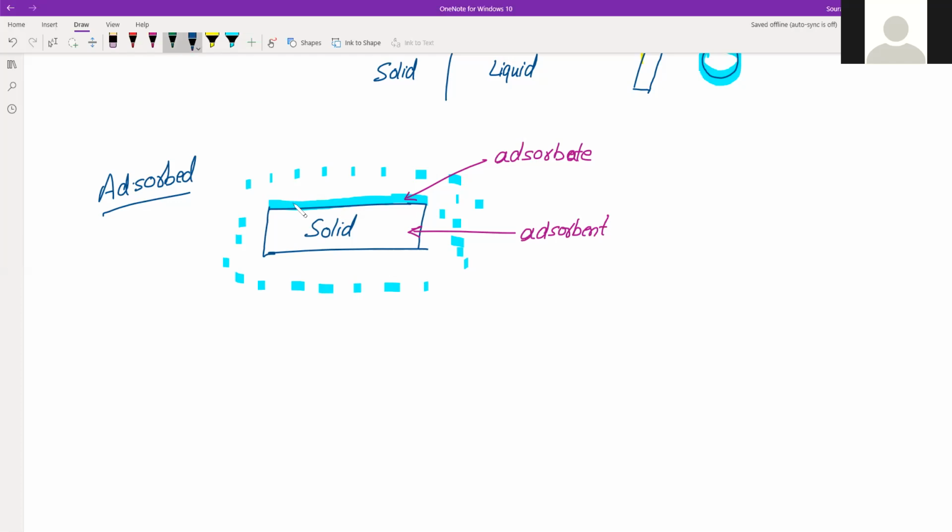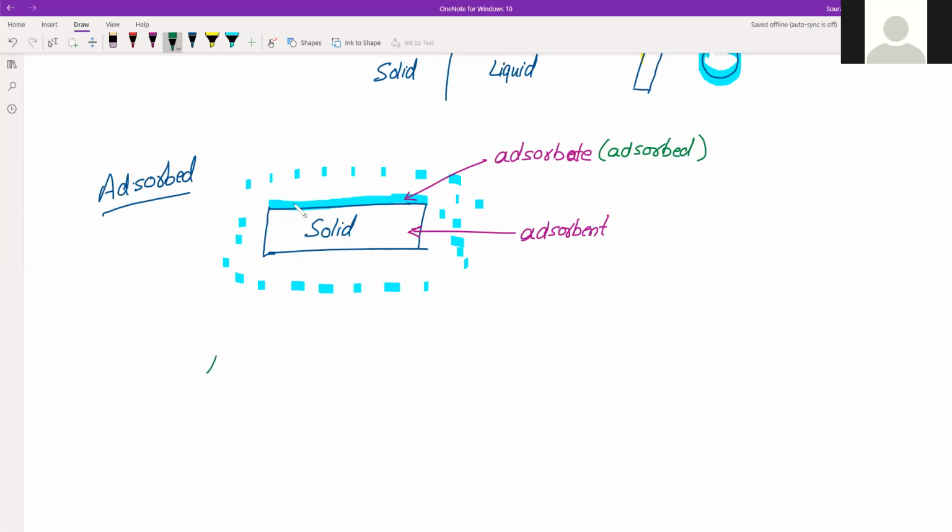So this has got adsorbed, and this is the substance on which it is adsorbed, that is called adsorbent. Now there is even a reverse process, that is removal of the adsorbed substance from the surface. That is called desorption, right?